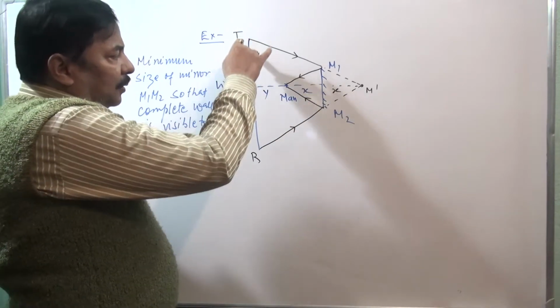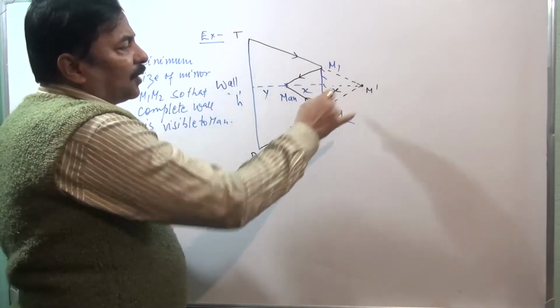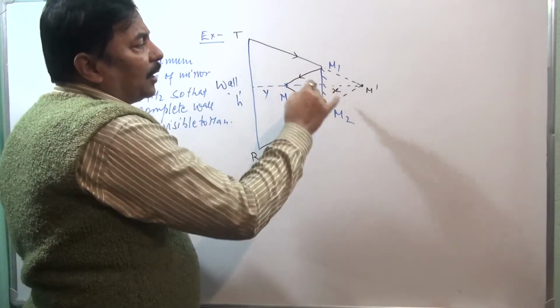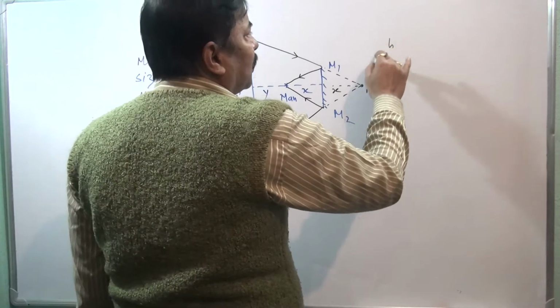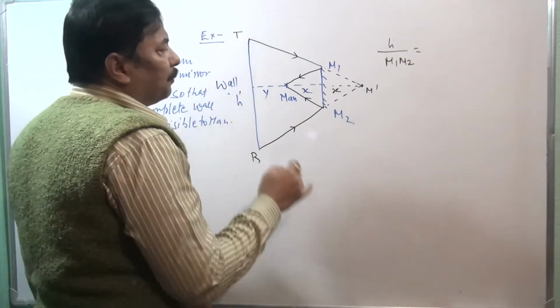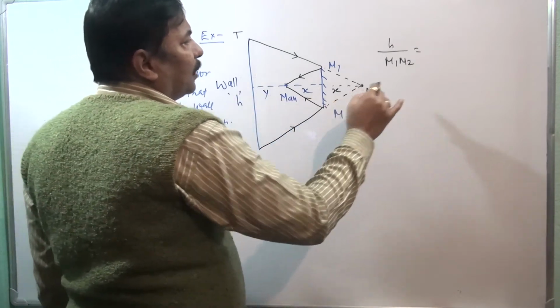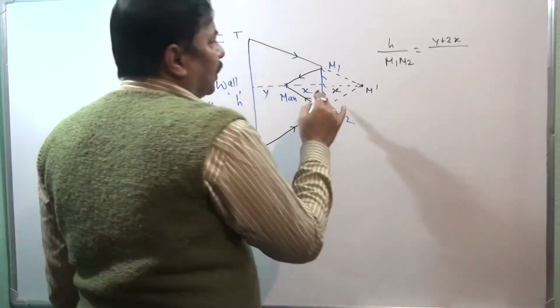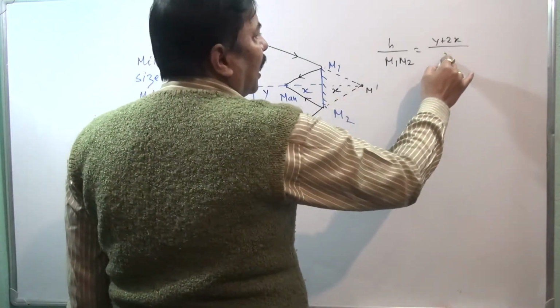So bigger side of the bigger triangle by smaller side of the smaller triangle, that means h by M1 M2 must be equal to this perpendicular bisector y plus 2x by this perpendicular bisector x.